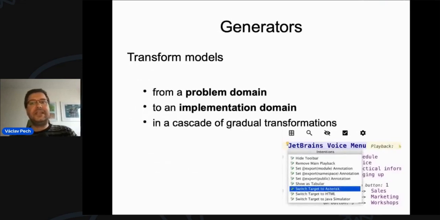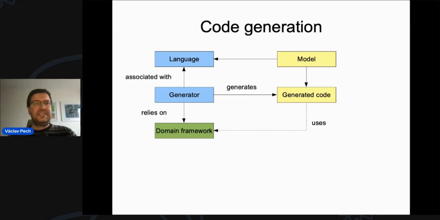And obviously, that's not the end of the story. Now, the models have to be useful somehow. So there is a generator associated with that language. Well, here's a schema explaining that. We've got a language for voice menu definitions that the people from marketing can use to create their models.